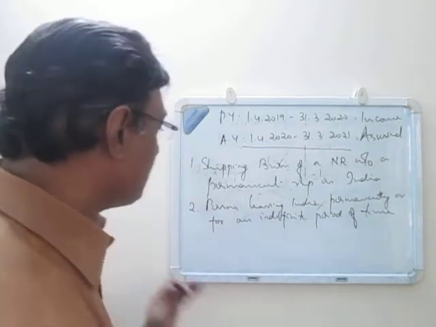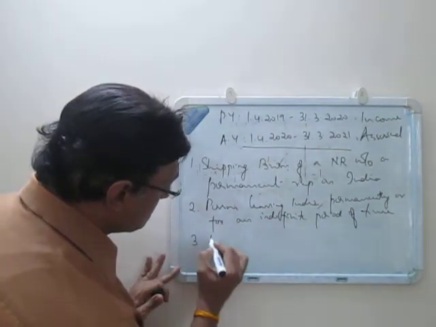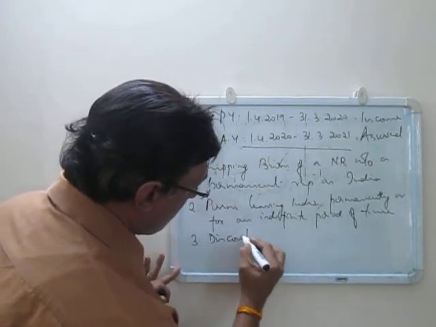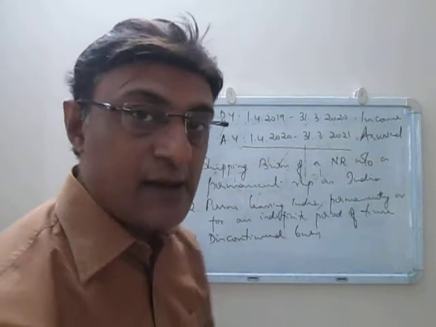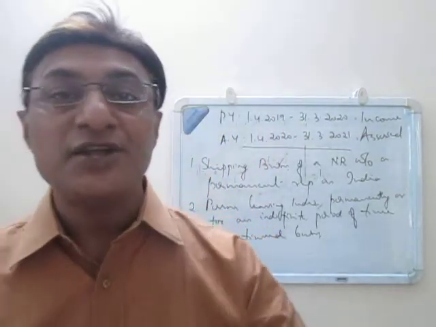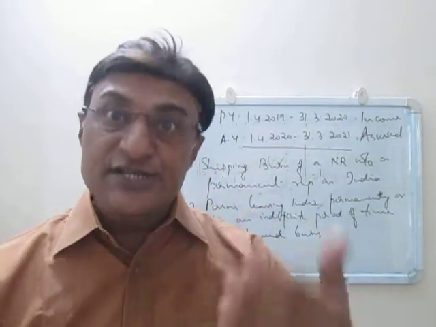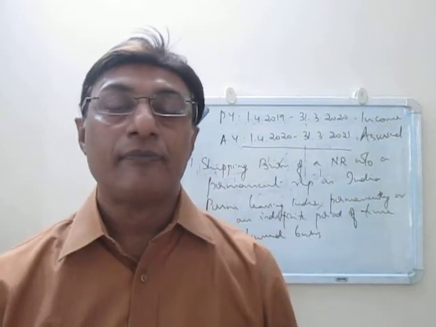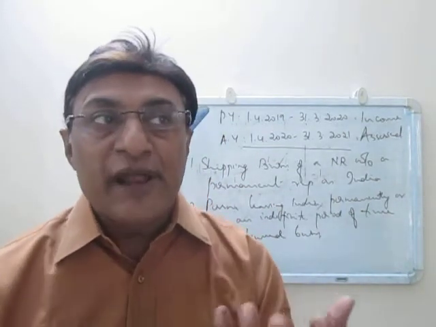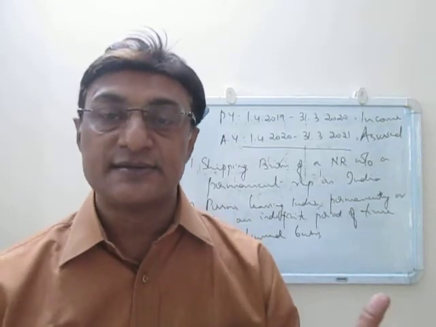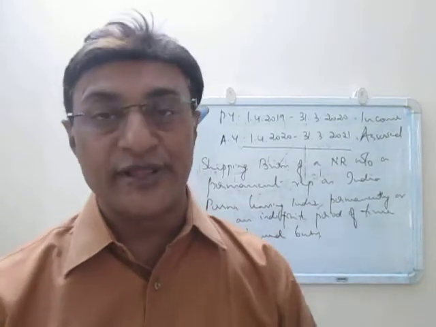The third is the case of a discontinued business. Like the example that we took, let us say where a partnership firm is dissolved during the year. A company liquidates during the year. A proprietary business dies. The sole proprietor dies during the year.